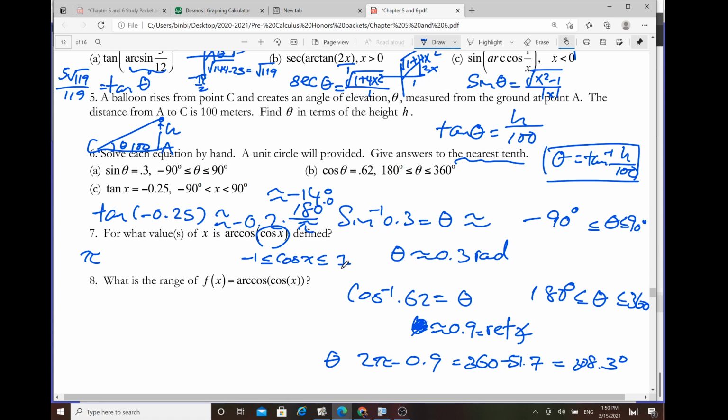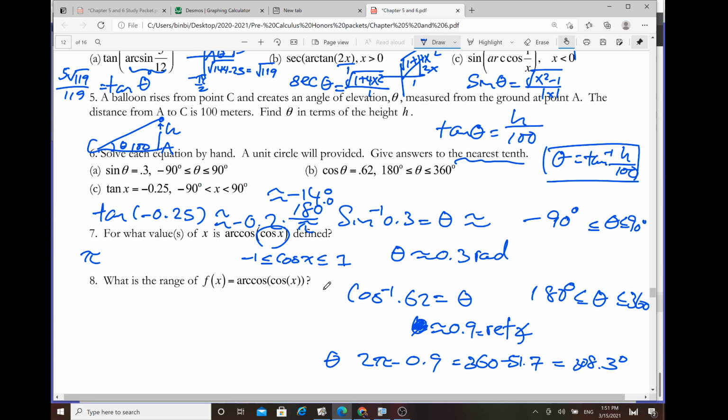Okay? So once you find the angle, the thing is that this one is asking about x. Can we plug in any number for x? Negative, positive, there's no restrictions. Once you take the arc cosine of the ratio, it's always being bounded from 0 to pi.